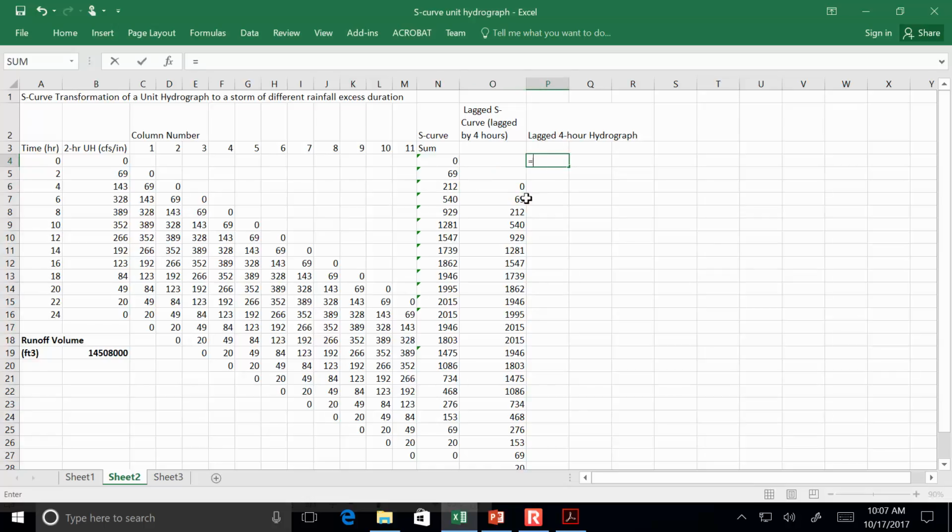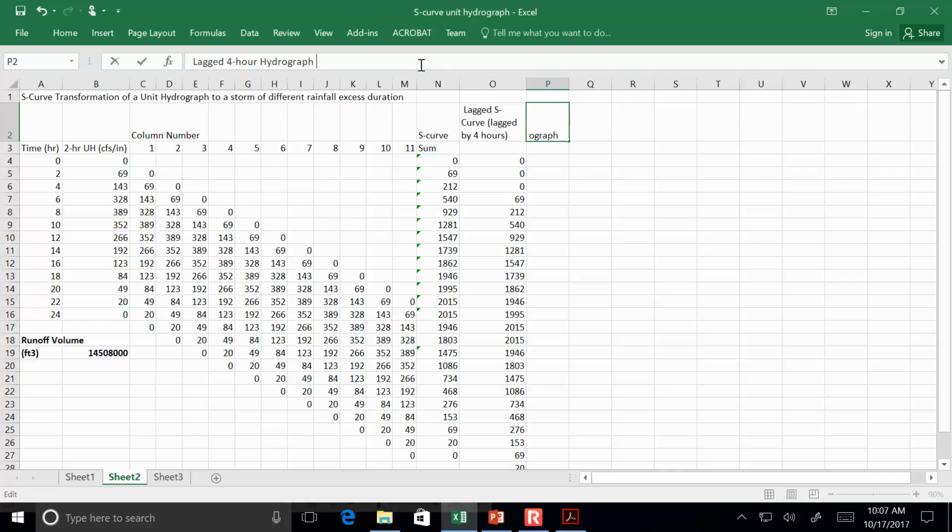So it's going to be equals to, well, this, by the way, we need to put these zeros in here because there's no flow yet for the lagged S-curve. So now, this lagged 4-hour hydrograph, it's a subtraction.